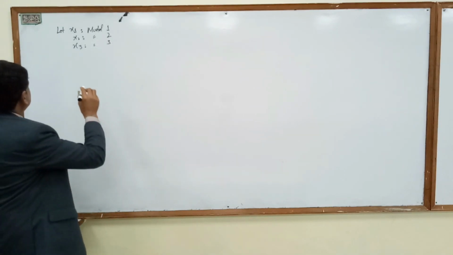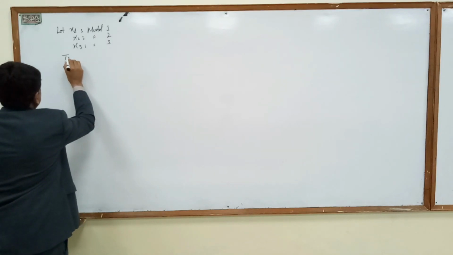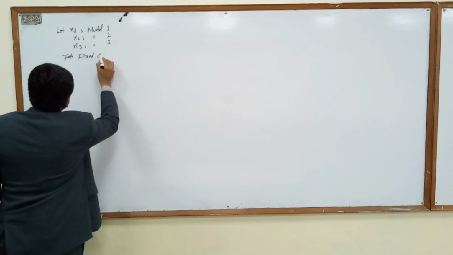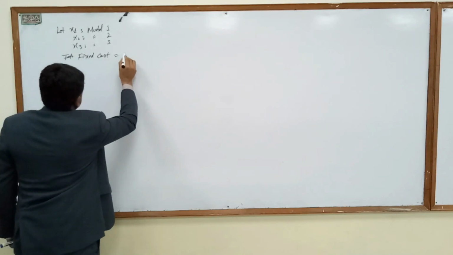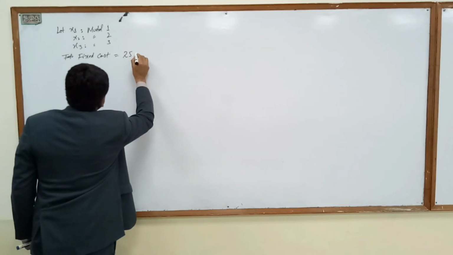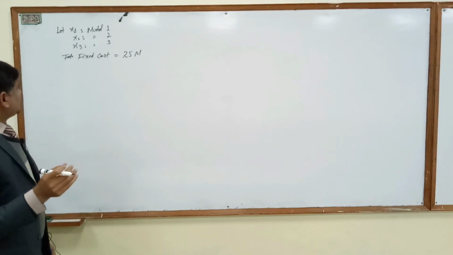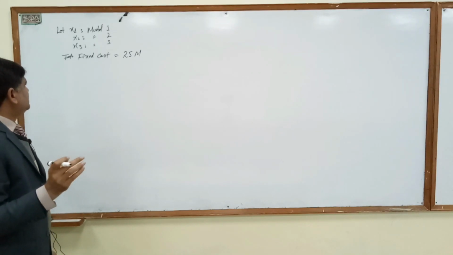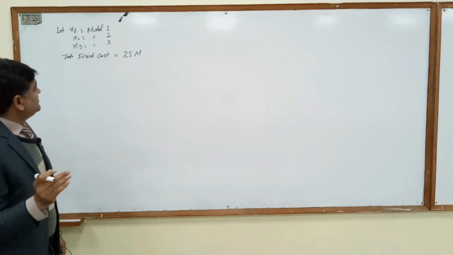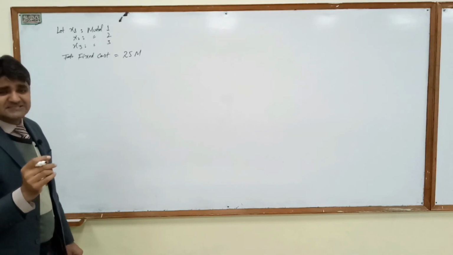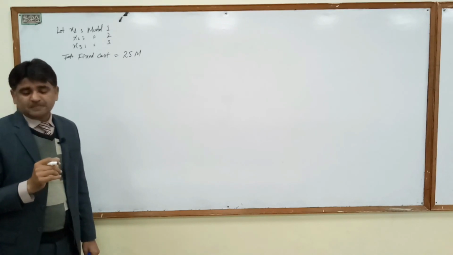So the fixed cost is given, which is 25 million. You can write the values in million after the given number; 1 million contains 6 zeros.